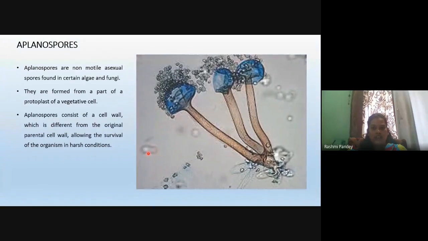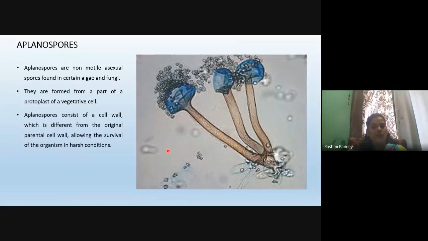So vegetative cells keep growing as long as you get favorable conditions, and as soon as you find that the conditions are not good, humidity is decreasing or temperature is increasing or decreasing, or there is less food material, when they sense such conditions, these kinds of apparatus will appear with aplanospores.